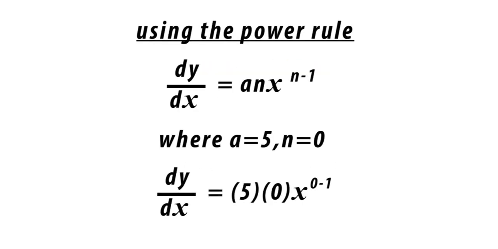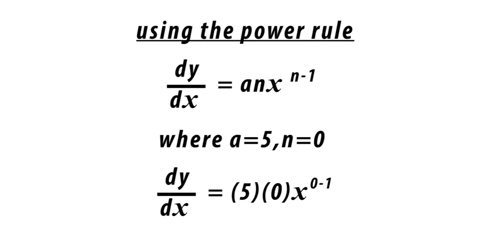So we have the power rule dy dx is equal to a multiplied by n multiplied by x exponent n minus 1, where a is equal to 5 in this case, n is equal to 0. So dy dx is equal to 5 multiplied by 0 multiplied by x exponent 0 minus 1. But 0 multiplied by any number is simply 0.